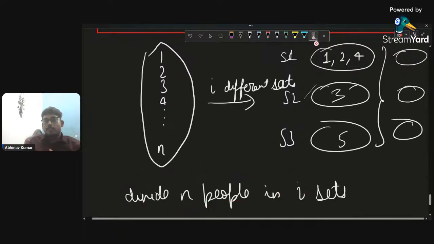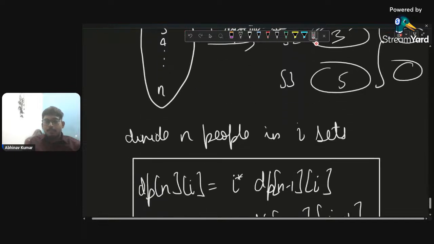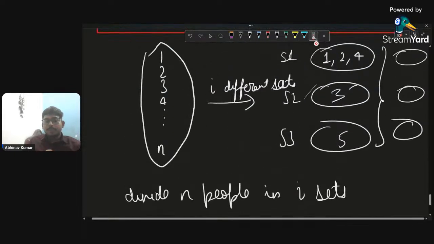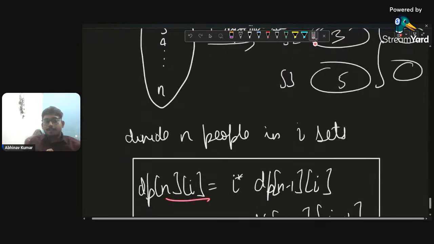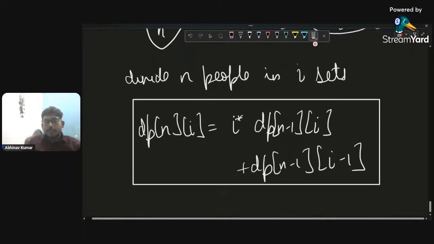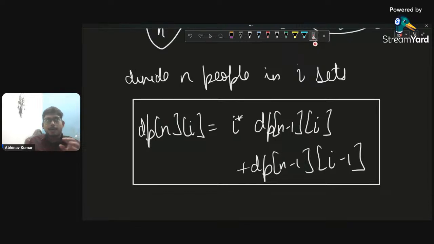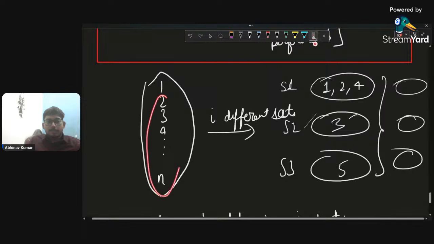Now try to understand what I'm doing while writing my transition. If I have n people divided into I sets, I would write it in these two terms. So if I am considering n minus 1 people and I minus 1 sets, basically I'm taking out the first person, so n minus 1 people are left.